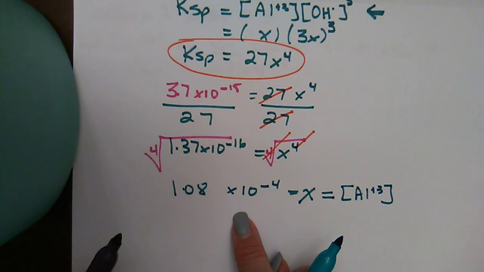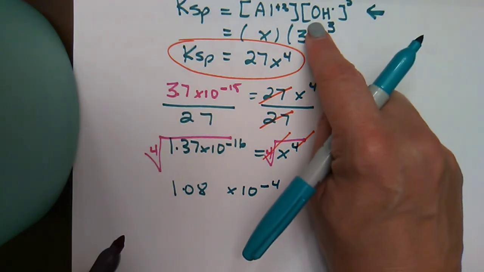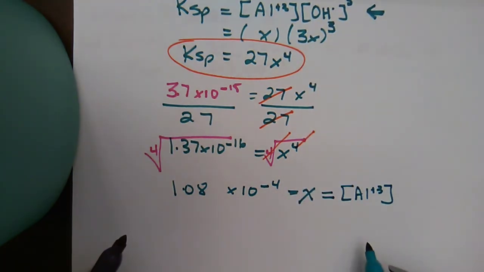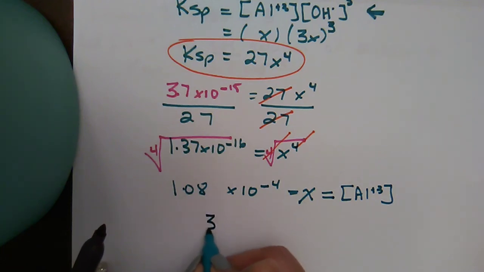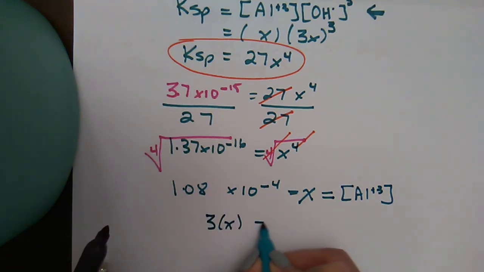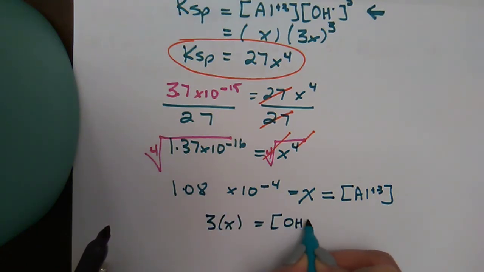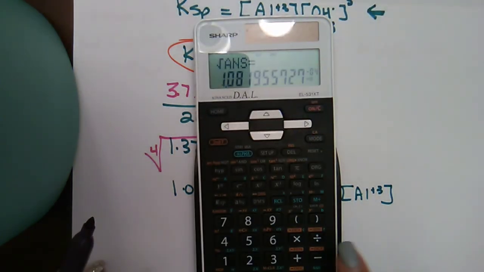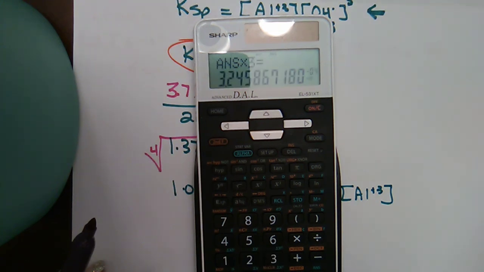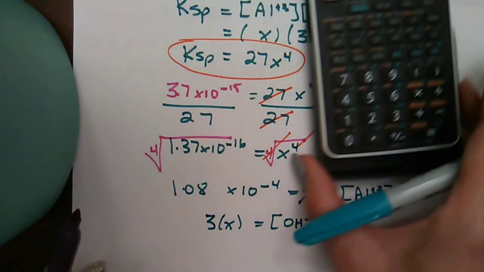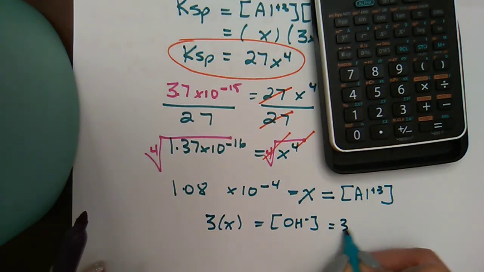Of course, if the question had asked for the concentration of hydroxide, I would have had to say 3 times x would be the concentration of the hydroxide ion, and I would have had to multiply this value that we had times 3, and I would have had 3.24 times 10 to the minus 4.